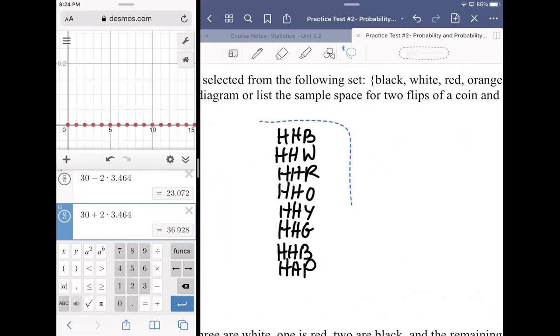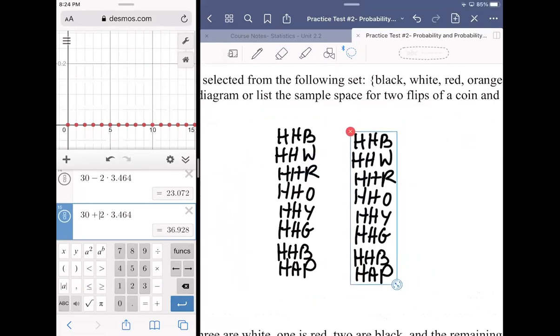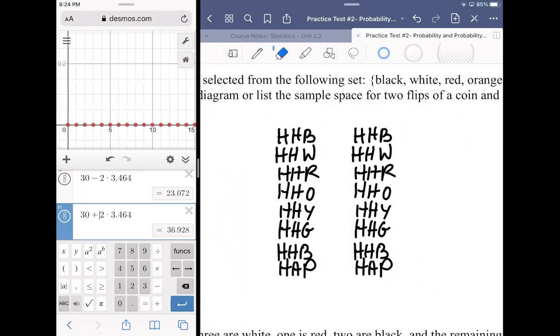So I would do a copy paste here. Even if it's something that I typed, I'd copy paste, and all the heads in the middle become tails.